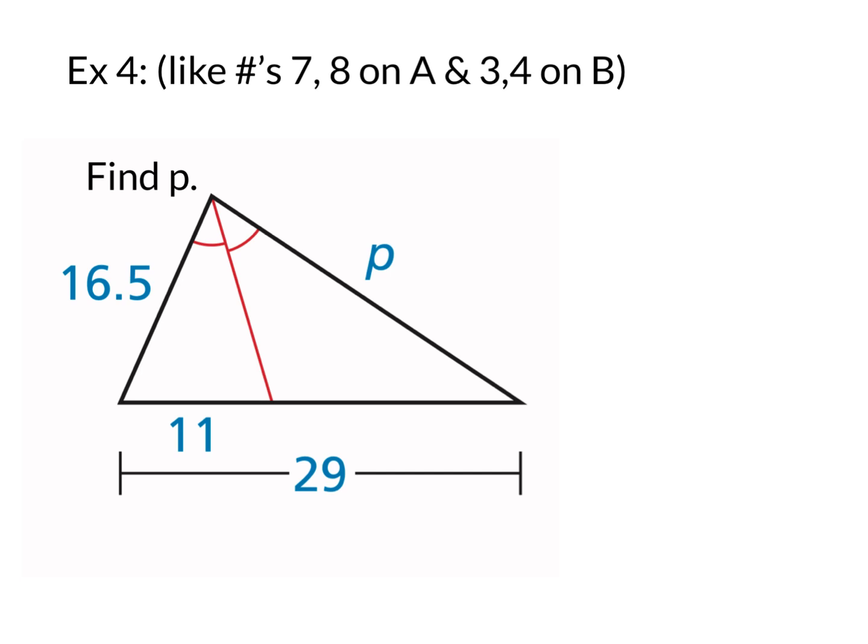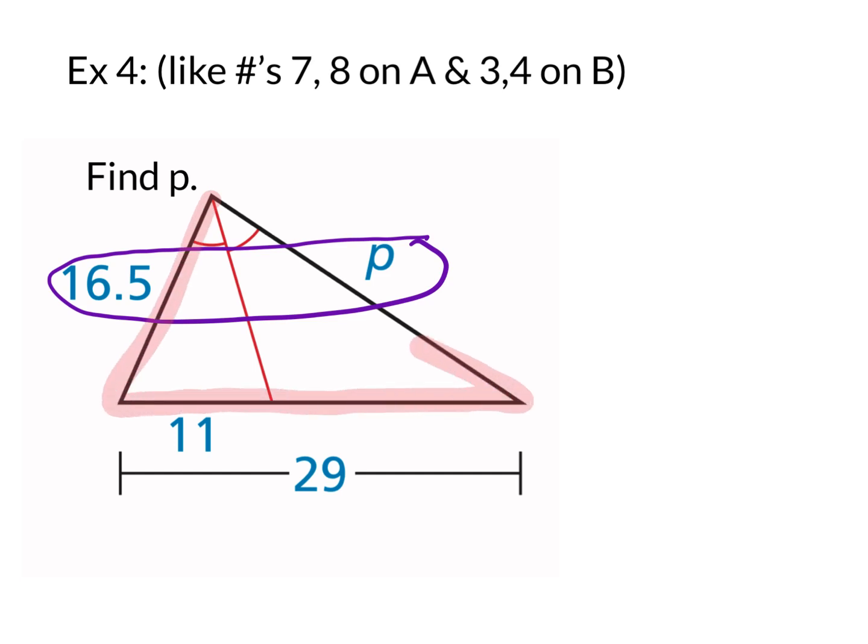Once again, I want to put together the ones that are on a whole side of a triangle. So if I was to highlight this triangle's edges, that's the outside edges of a triangle. Do you see how 16.5 and P make up a whole side by themselves?